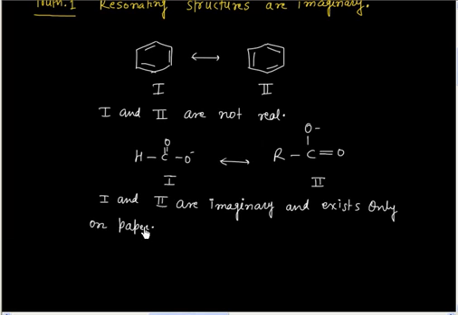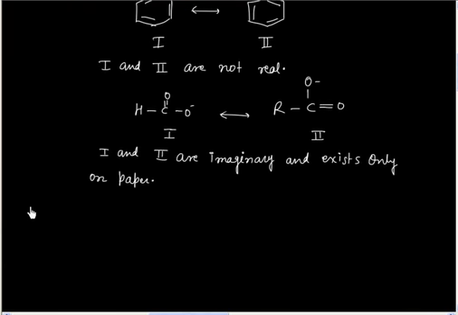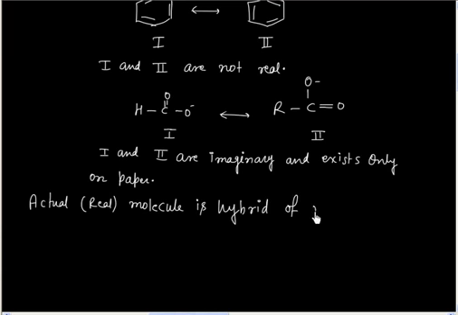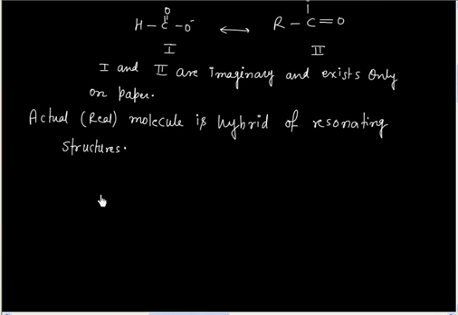The actual molecule is a hybrid of the resonating structures. Actual or real. For example, benzene is a hybrid of these two resonating structures.